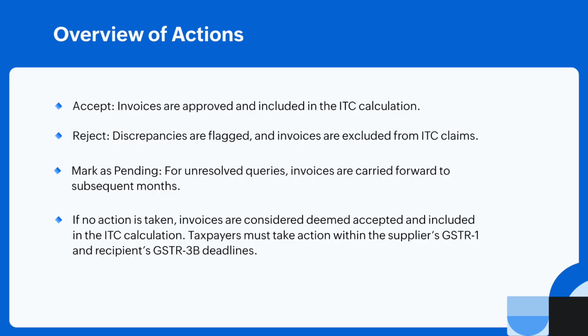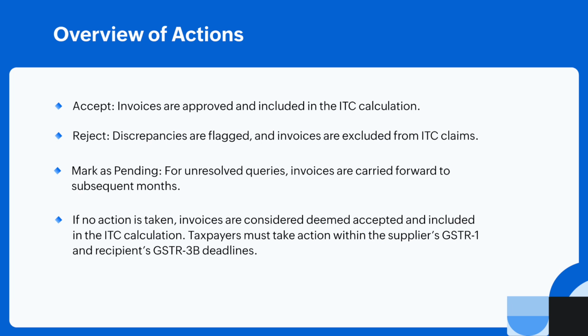Let's see what all the actions available in that section are: Accept, reject, mark as pending, as we saw right now. Accept means the invoices are approved and included for the ITC calculation.